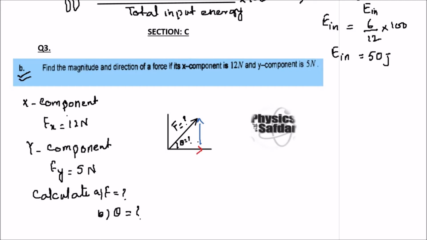The components you can see in the diagram. This is the horizontal component and this is the vertical component.